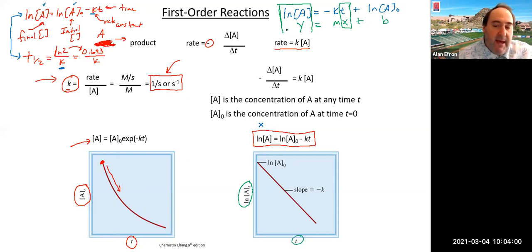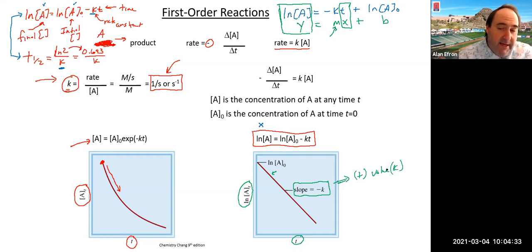And if we do that, we should yield a straight line where the slope of that line would equal minus k, which is what we see here. The slope equals minus k in this case because if you look at this line, that line is a negative slope.